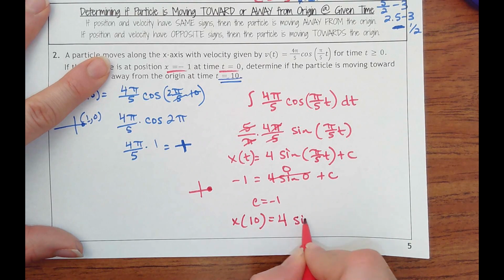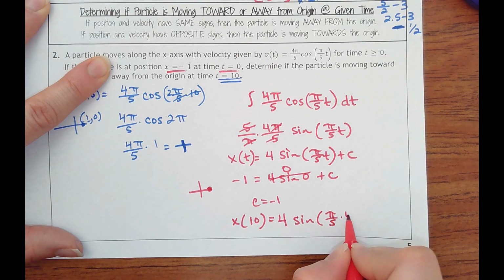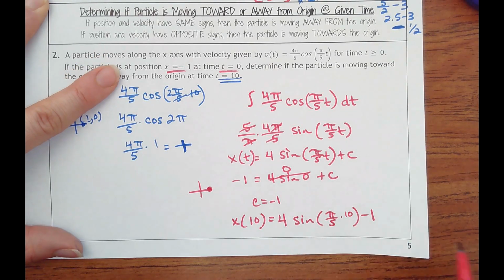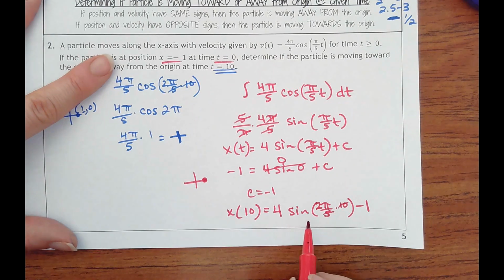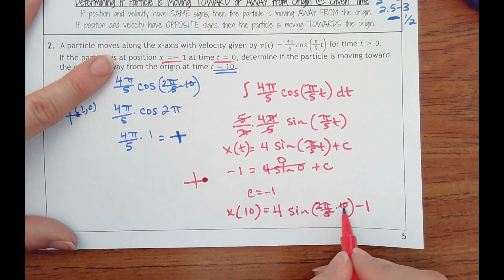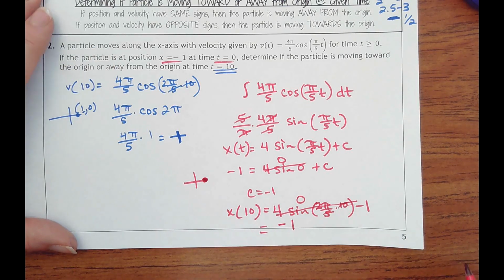So 4 sine of pi over 5 times 10, minus 1. That's 2 pi. Sine at 2 pi is 0. Times 4 is 0. So we get 0 minus 1, which is negative 1.